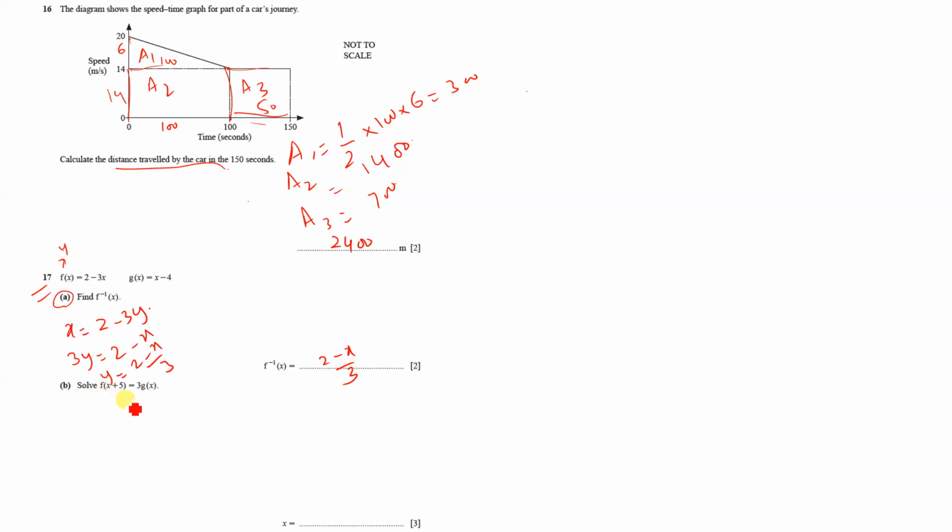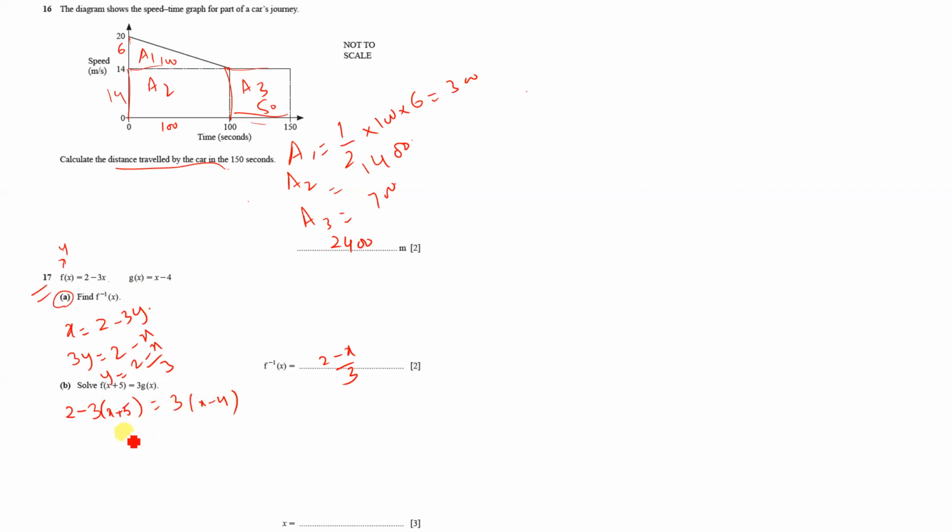Solve f of x plus 5 is equal to 3 times g of x. f of x plus 5 means replace x by x plus 5 in the definition of f(x). That is, f of x plus 5 is 2 minus 3 times (x plus 5) equals 3 times g(x), which is x minus 4.